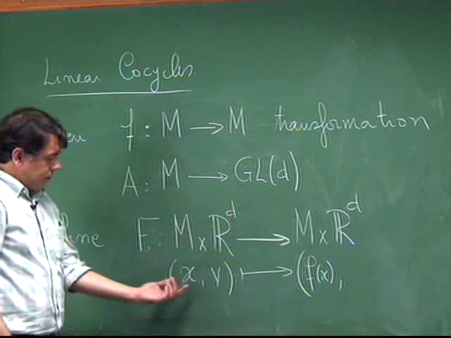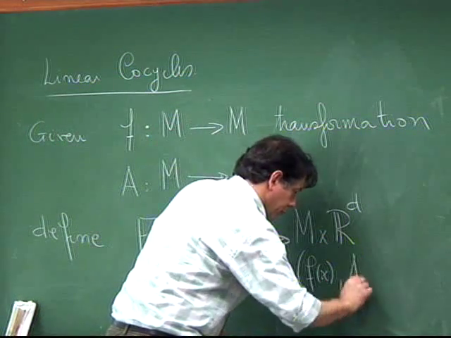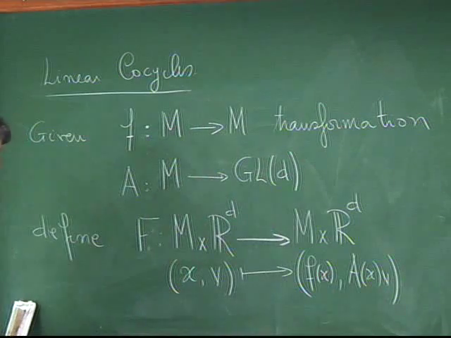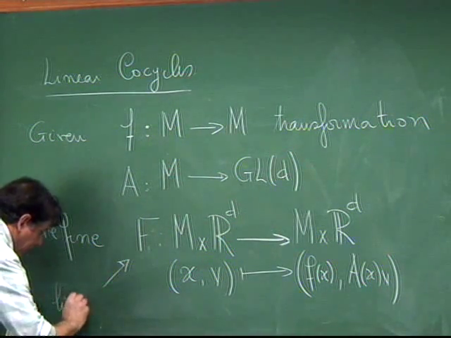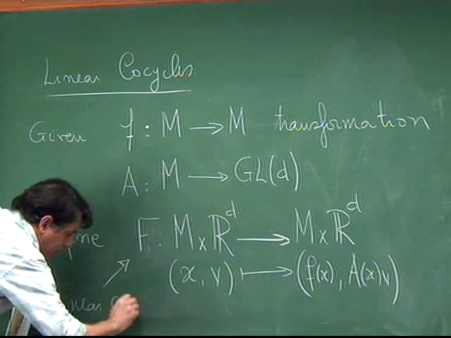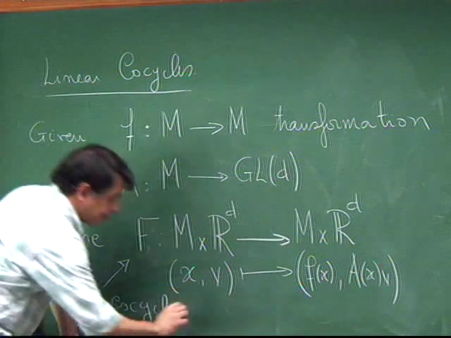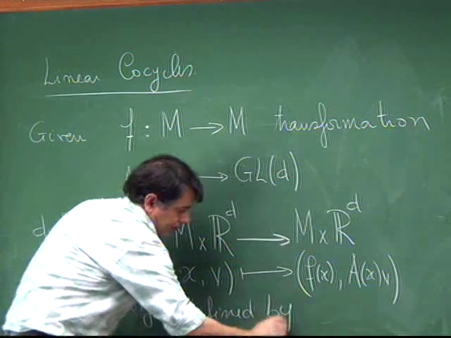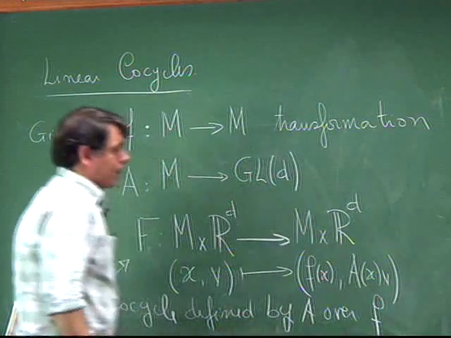So we just use f in the first coordinate, and in the second coordinate we use A. And this is the linear cocycle defined by A over f.